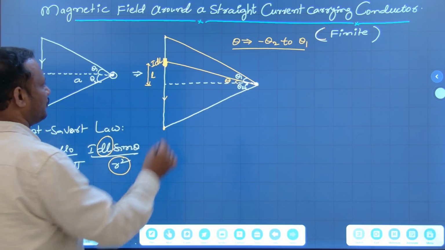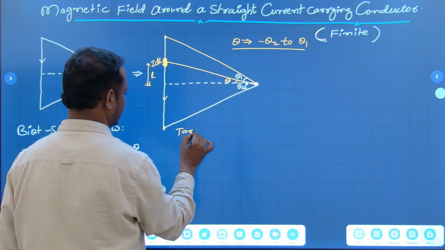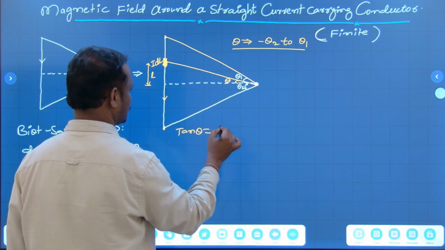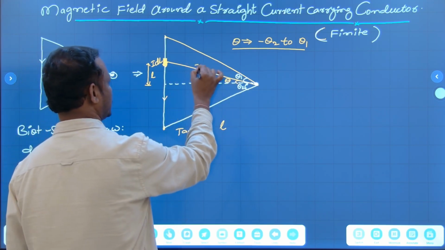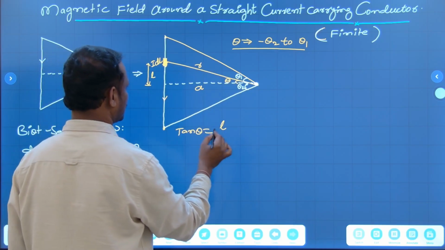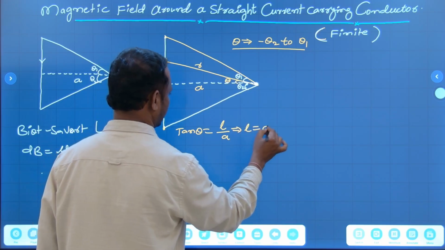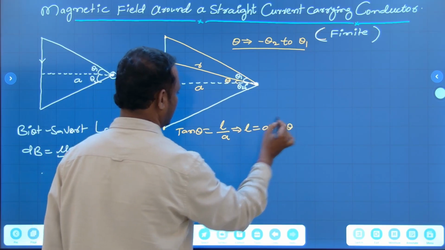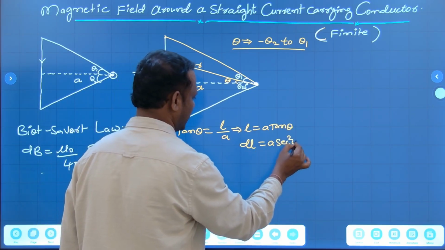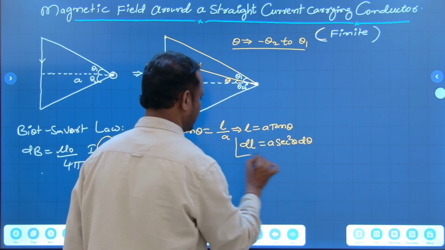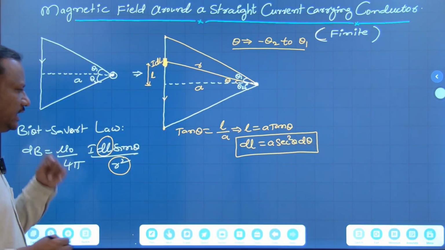From this triangle, tan theta is equal to L by A, where L is the length and A the perpendicular length. Then L is equal to A tan theta, so dL is equal to A secant squared theta d theta.